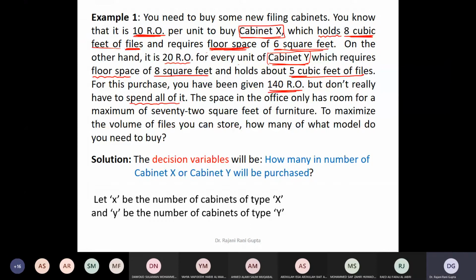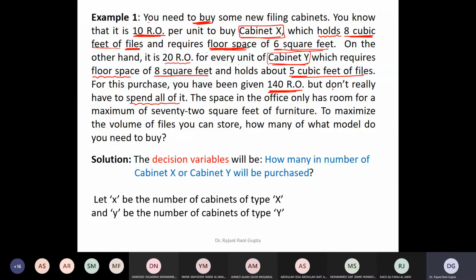You need to buy these kinds of cabinets. So the total amount of money available to you is 140. But you don't really have to spend it all.